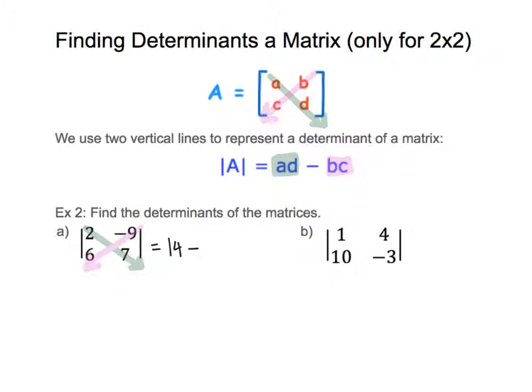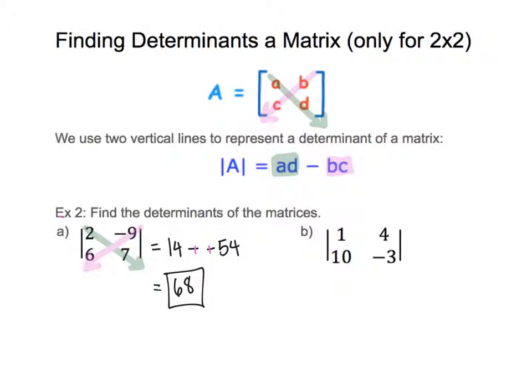So you go diagonally to the left, and that's going to give you negative 54. And if I were to subtract these two numbers, well, there's 2 negatives here, so that makes a positive sign. And so 14 plus 54 gives me 68, and that is my answer.